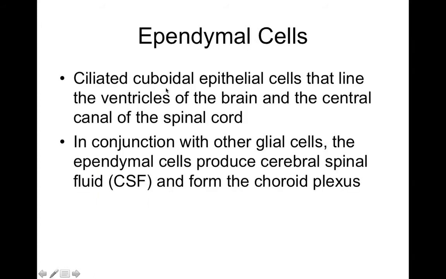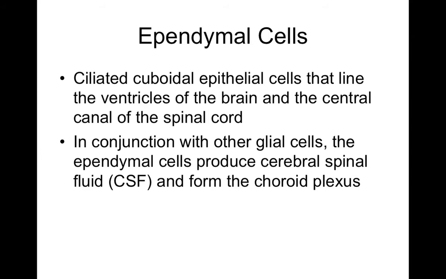Now, ependymal cells are kind of like a ciliated cuboidal epithelium type of cell that line the ventricles of your brain. This sounds weird, you guys, but there are large fluid-filled spaces in your brain tissue. You've probably never seen these before, but if you cut a brain in cross-section, you'll notice there are big spaces in the tissue. It's not like your brain's solid.